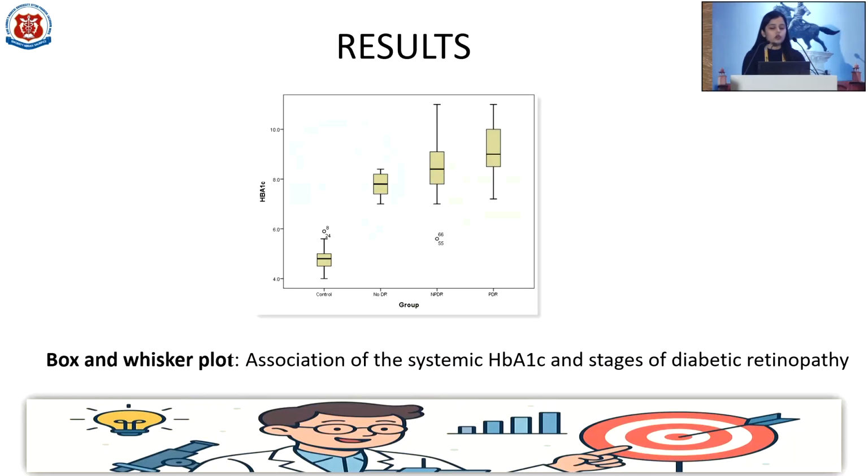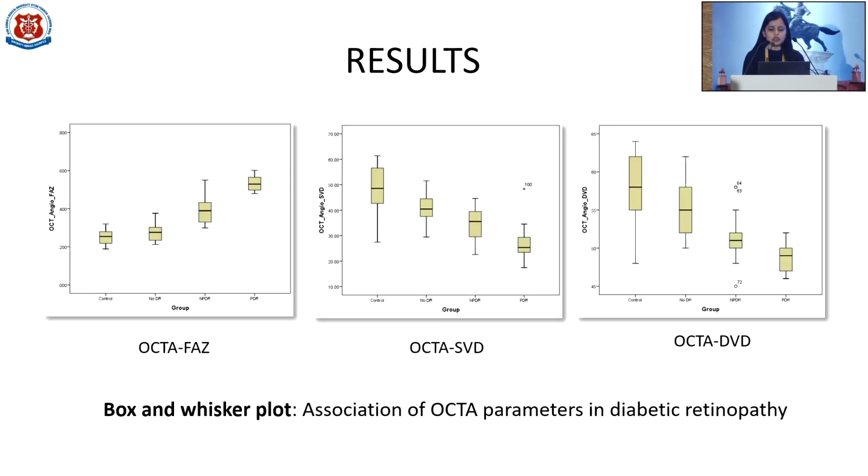In this box and whisker plot we can see that the systemic HbA1c levels rise with the severity of the disease. Here also we can see that the foveal avascular zone is rising with the severity of the disease, whereas the vessel density is decreasing as the severity of the disease increases.